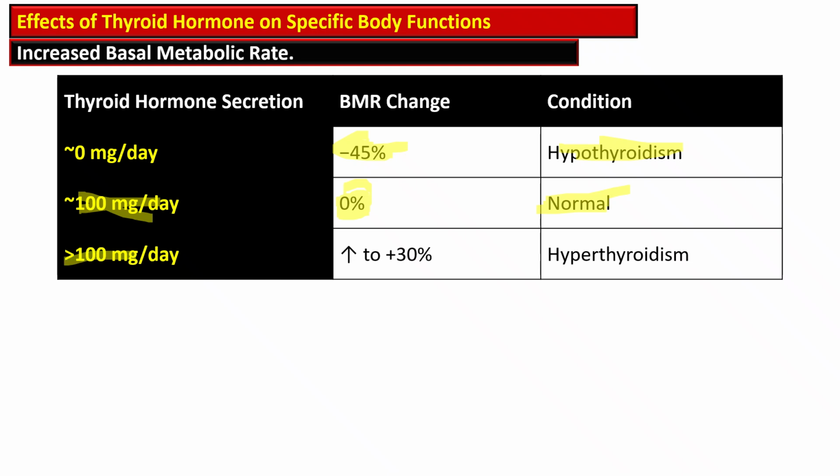And if more than 100 milligram per day is secreted, there is progressive increase in the BMR according to the concentration of the thyroid hormone secreted, that is associated with hyperthyroidism.